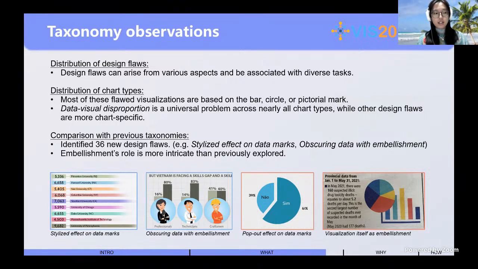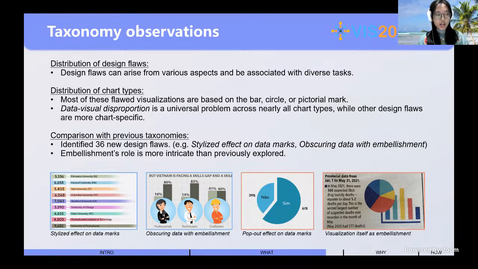We also found that decorations impact visualization in a more complex way than previously thought. While discussions about chart junk often focus on decoration as a negative, we didn't see it as an inherent flaw. Instead, we analyzed how decoration can interfere with data communication, as shown in the 4 examples below.